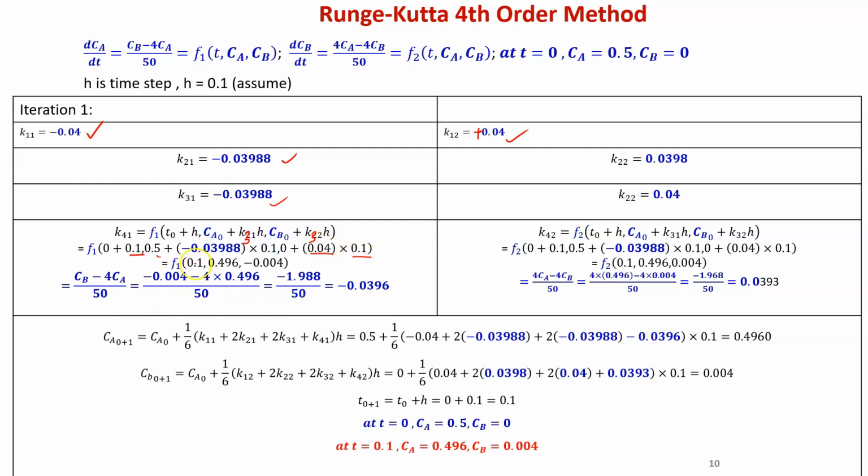This is also plus, not minus. So ultimately that F1 is 0.1, 0.496 and 0.004.